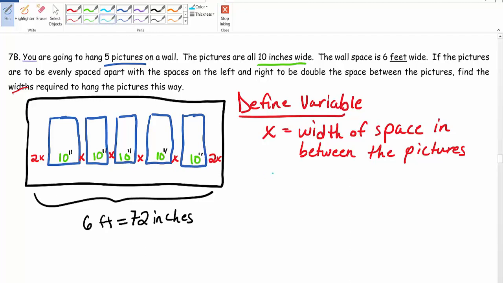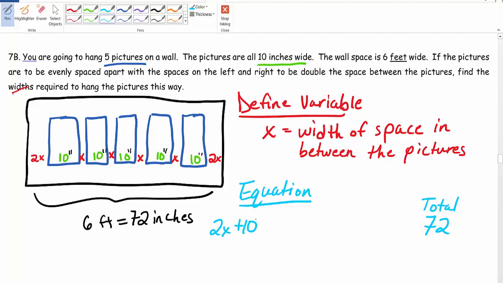Alright, so now that we have our entire diagram, this should help us with constructing the equation. For our equation, we know that we have a grand total of 72 inches. This will be our total. And we're pretty much just combining all of these things one at a time. So we end up with 2x plus 10 plus x plus 10 plus x plus 10 plus x.